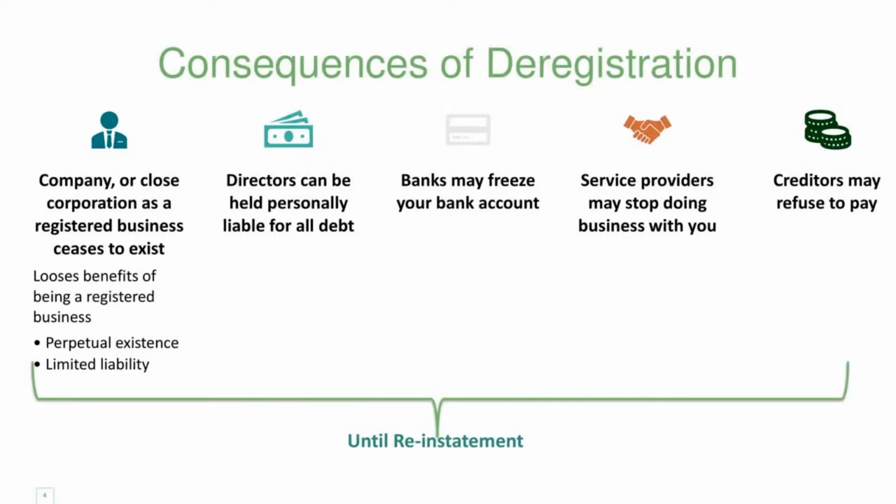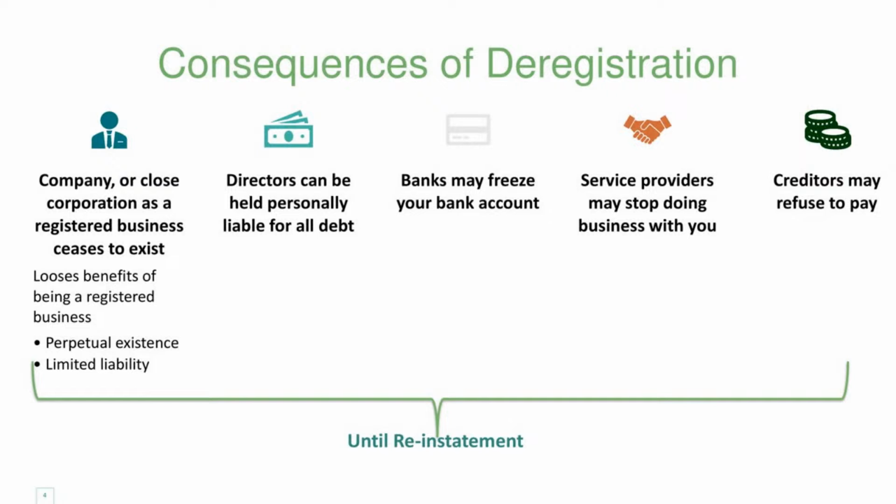Consequences of deregistration. A company or a CC as a registered business ceases to exist. So when your company is deregistered, your business ceases to exist. The directors of the company will have limited liability. They will lose benefits of a registered business.